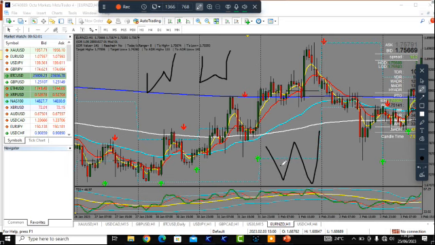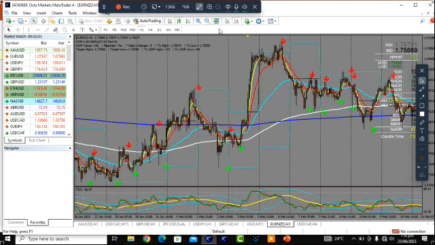For example, in this particular pattern, instead of your TDI printing the same thing, your TDI is printing something different.